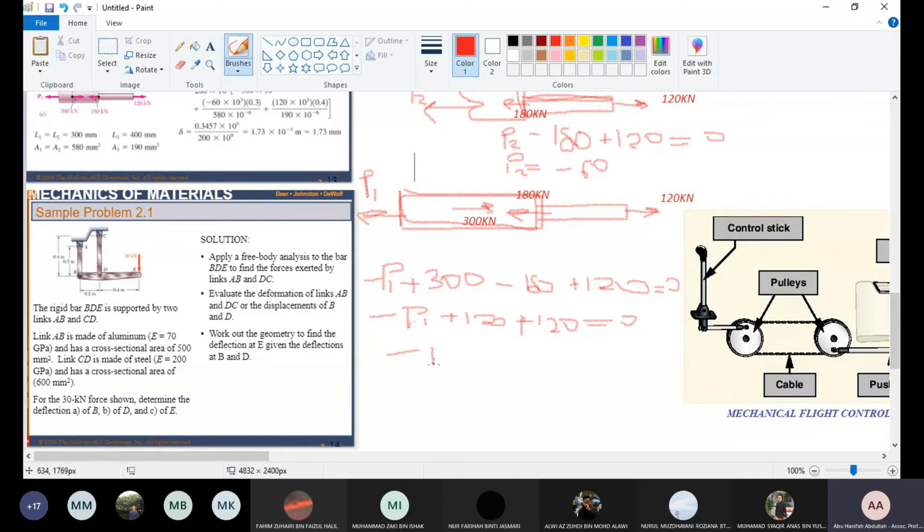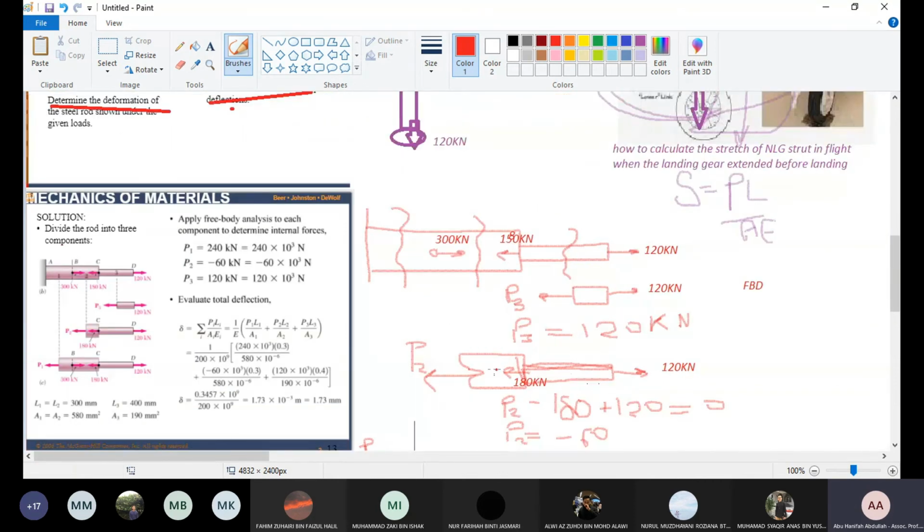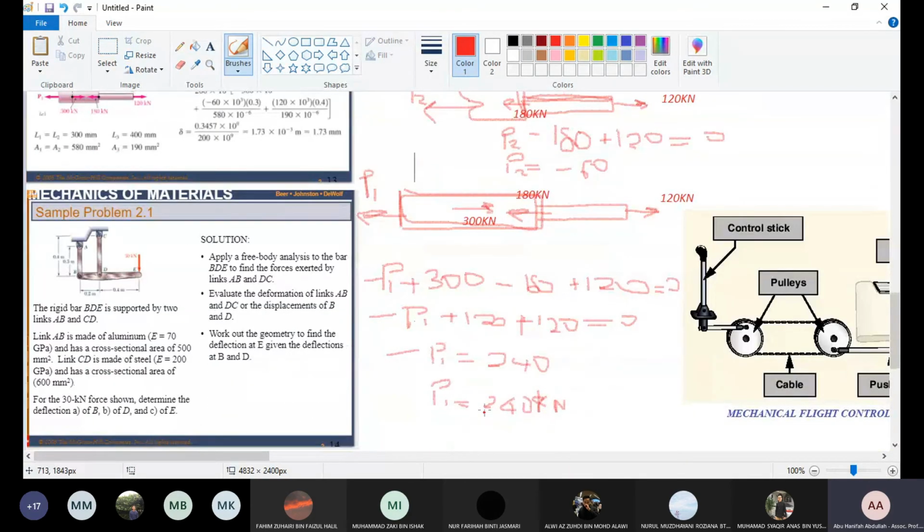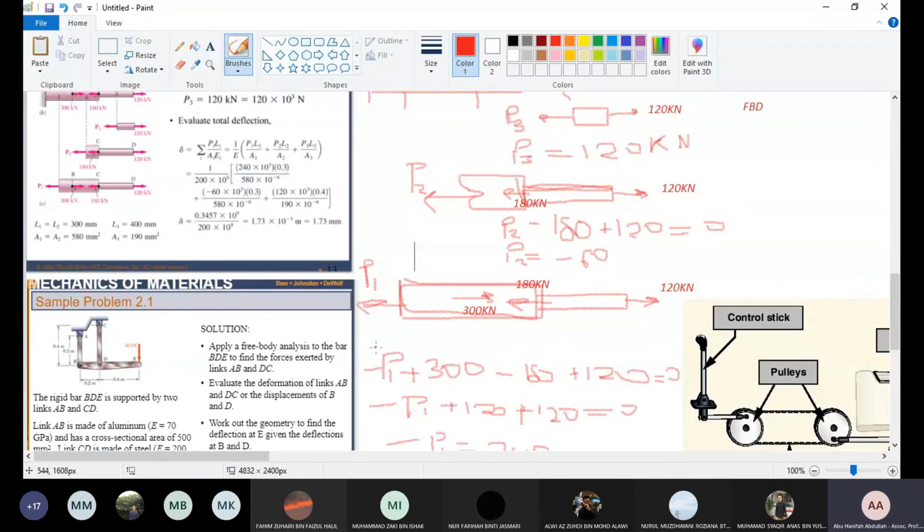You have minus P1 equal to 240. P1 is minus 240 kilonewton. Okay. So we have 240. So you got all the load points here.